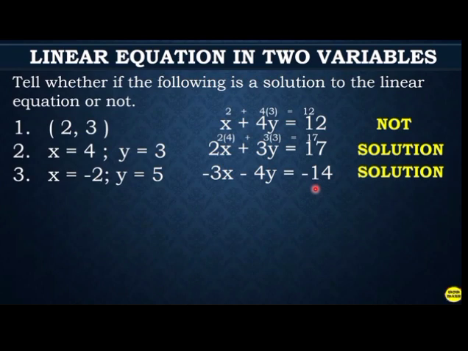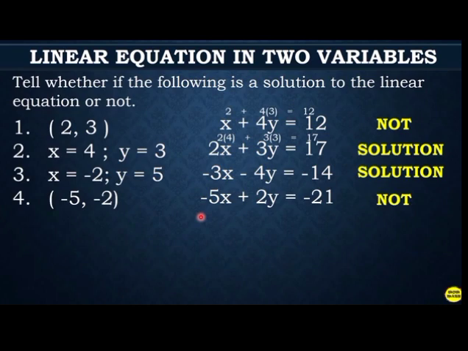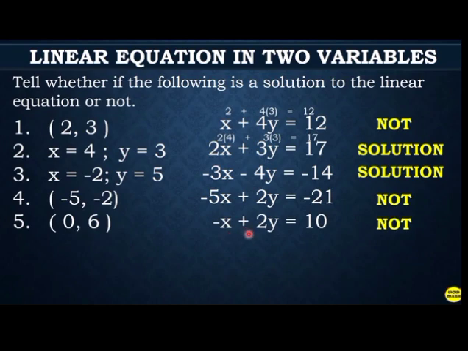It is a solution. So next is negative 5 and negative 2, and the equation is negative 5x plus 2y equals negative 21. Is this a solution or not? Not. Next is 0 and 6. The equation is negative x plus 2y equals 10. Is this a solution or not? Not.